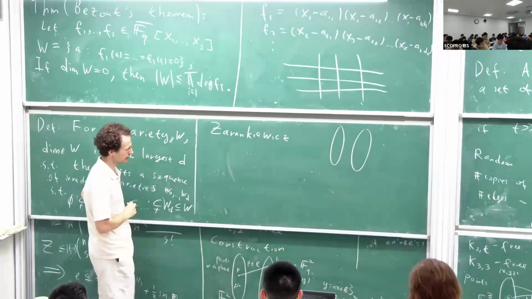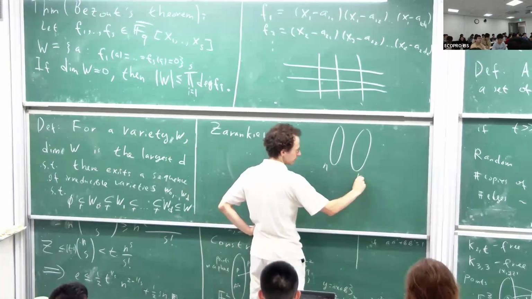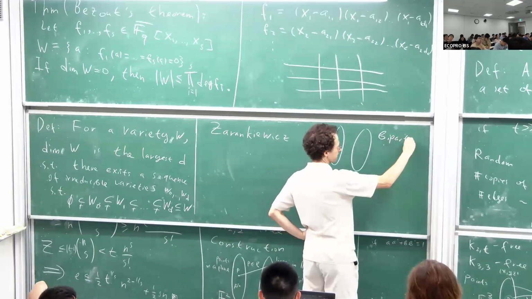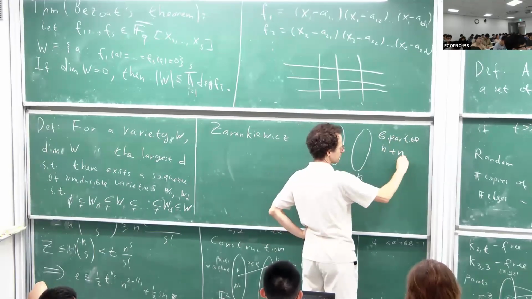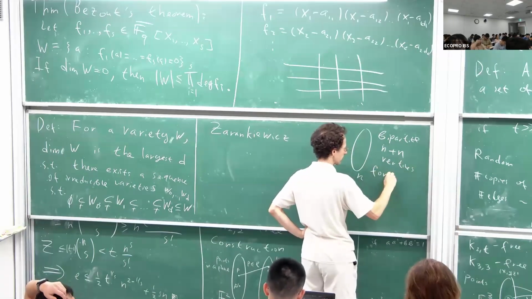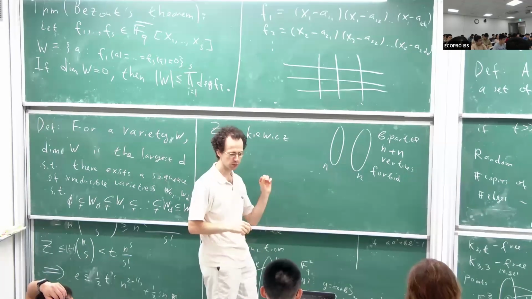What it will look like is this: we have, say, n versus n, so a bipartite graph with n plus n vertices, and we forbid the K_{s,t}, but in a very specific way.